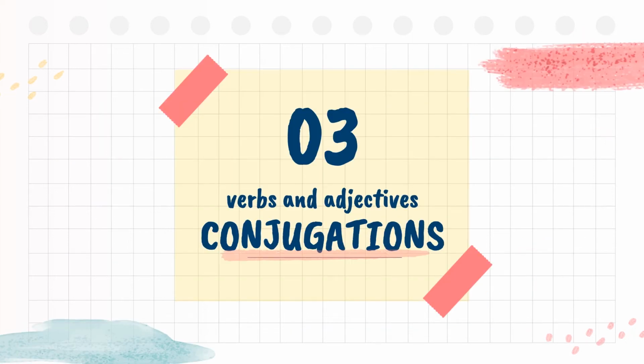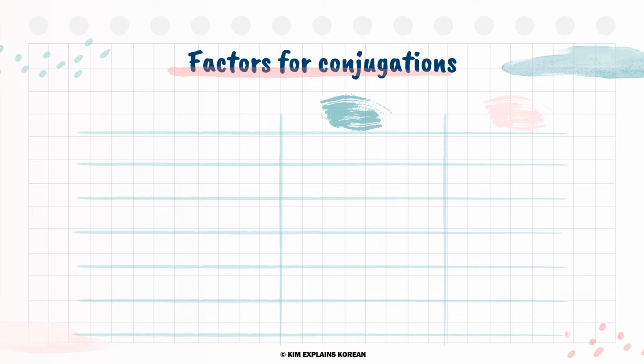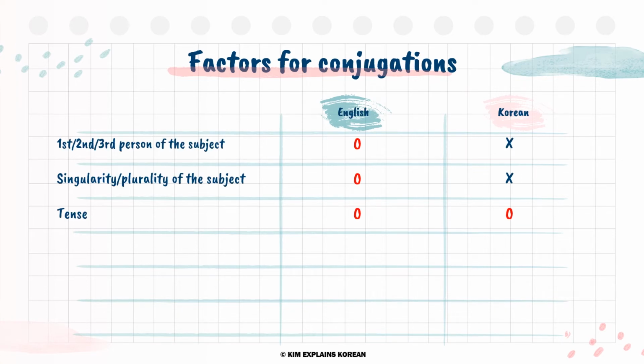Now let's have a look at the conjugations of verbs and adjectives. English verbs are conjugated according to subject and tense.